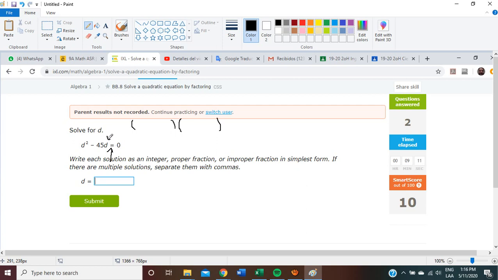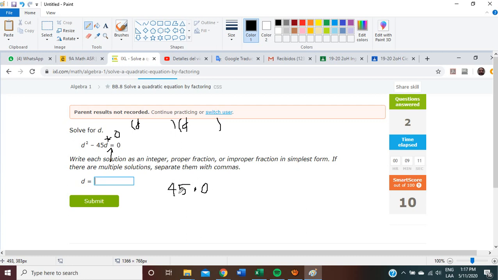Remember that it is as if we were saying plus 0: D squared minus 45D plus 0 equals 0. When I am missing this term, it means that it is plus 0. So the variable is D. Again, what two numbers, when I multiply them, give me 0, and when I add them, give me negative 45? It is going to be 45 and 0.